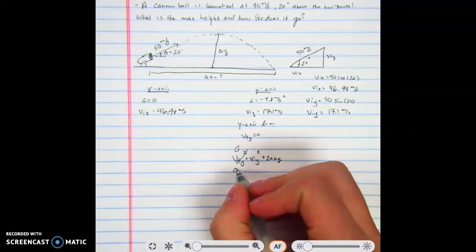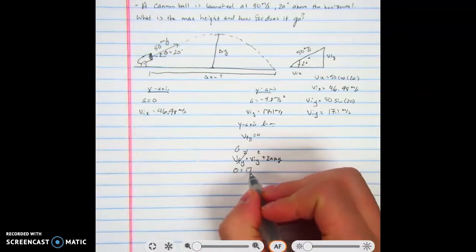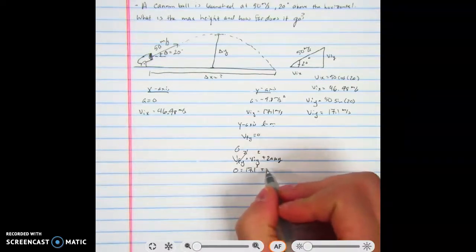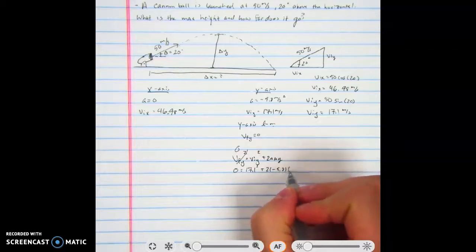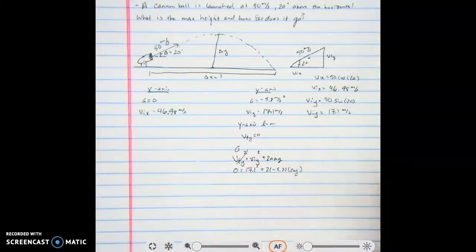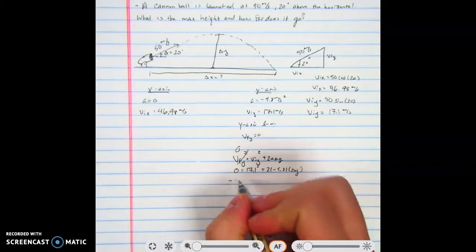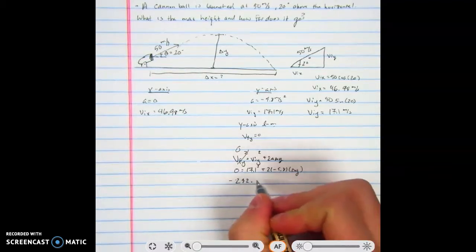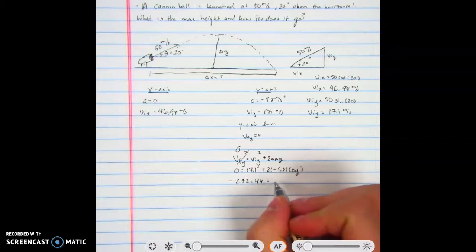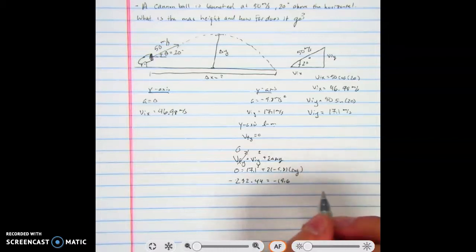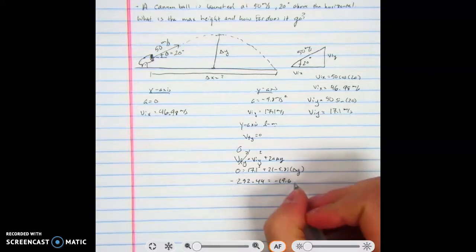And anytime I can zero something out, life is good. 17.1 squared plus 2 times negative 9.8 delta y. Okay, so squaring that, I have negative 292.44 is equal to negative 19.6 delta y.